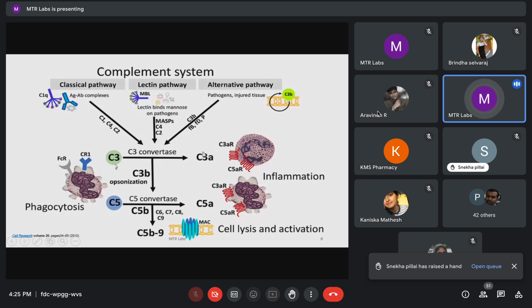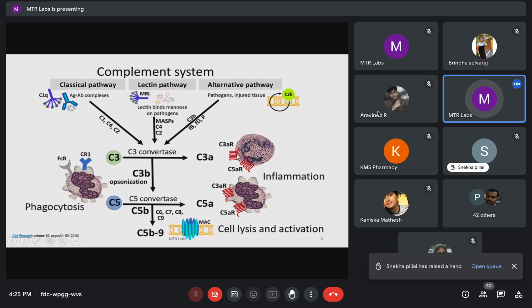After C3 is activated, there are three types of mechanism to eliminate the pathogen. One is phagocytosis, as we discussed before, or cell lysis with the help of the membrane attack complex, and then opsonization might also happen, which is through opsonin proteins.